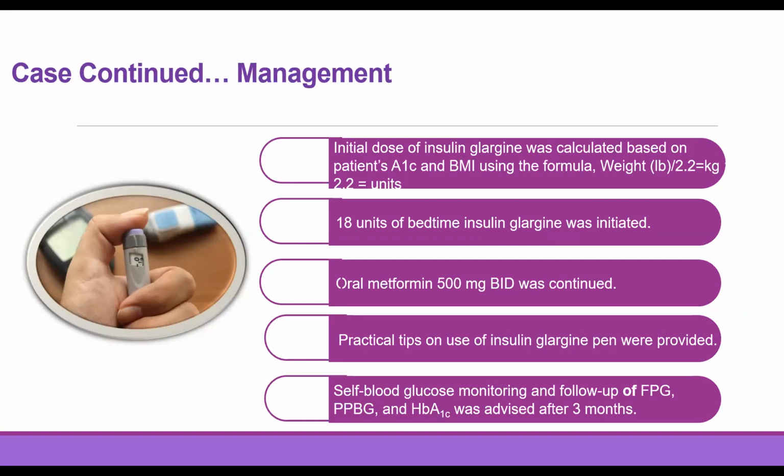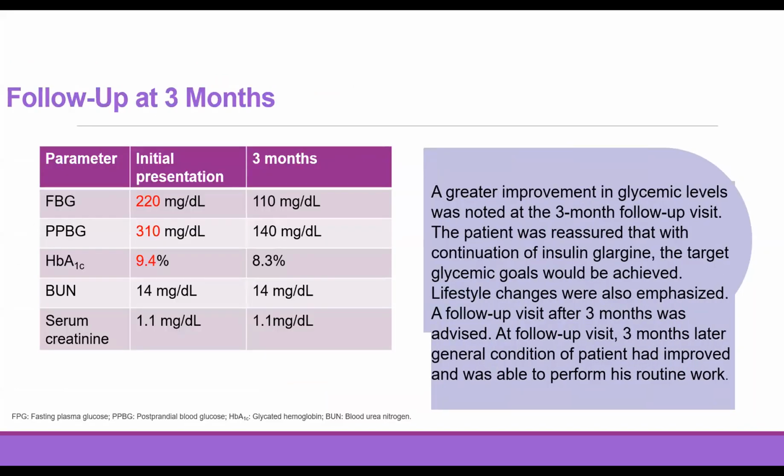18 units of bedtime insulin glargine was initiated. Oral metformin was continued, and the patient was educated about insulin injection techniques and self-monitoring of blood glucose. After 3 months, you can see that there is a significant improvement in the blood sugar level as well as the HbA1c.